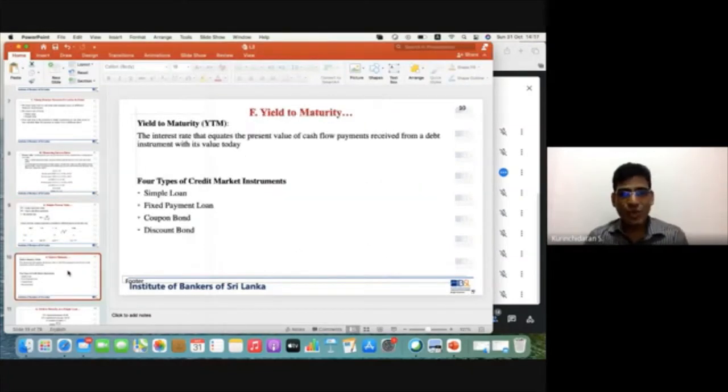So next one, yield to maturity. Now you know what an interest rate is, right? That links your present value to the future, whether a single payment or a sequence of payments. Whatever the way, you get your interest rate, right?